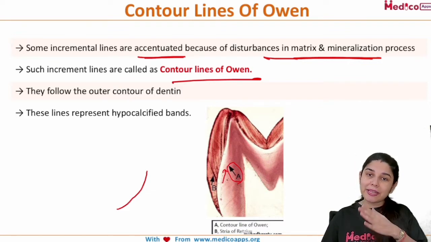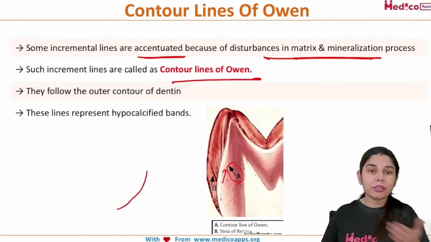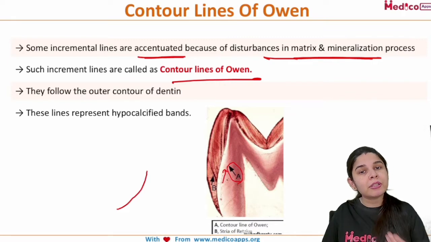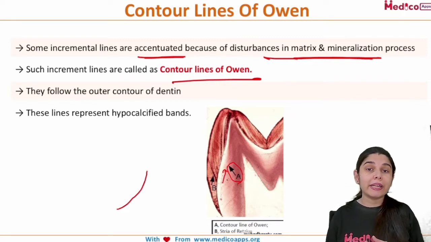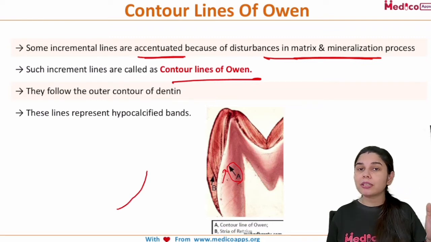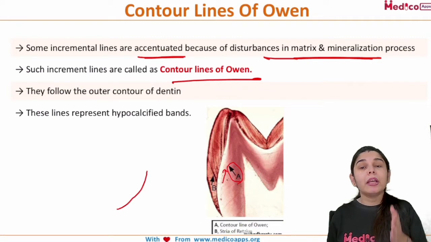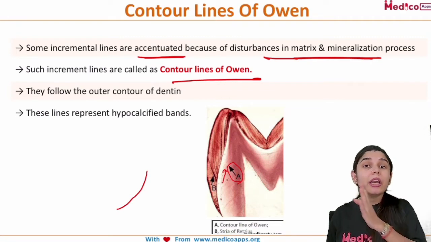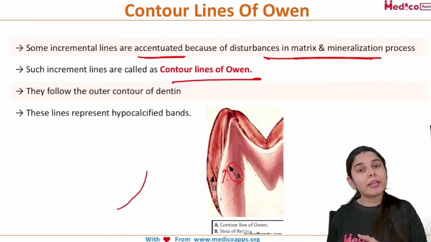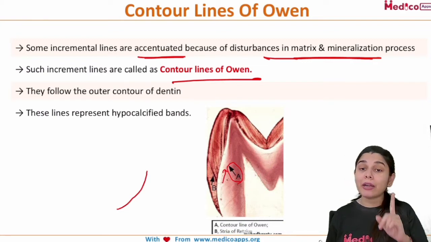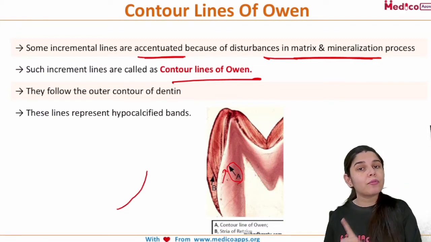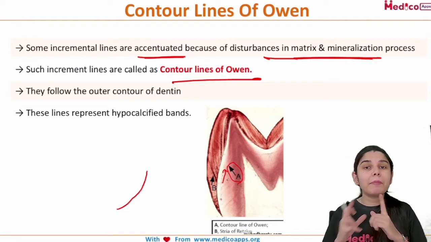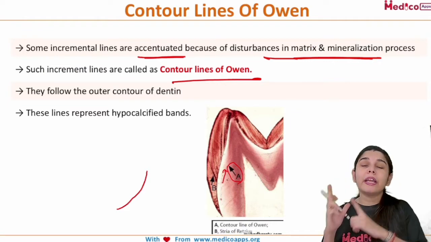These are formed in the dentin. So, till now we have discussed the Retzius incremental lines, which were formed in the enamel. Then we discussed the Von Ebner incremental lines, which were formed in the dentin, but those were normal incremental lines. But here the contour lines of Owen are formed in the dentin, and they are abnormal incremental lines.